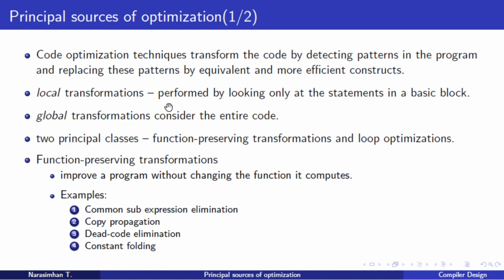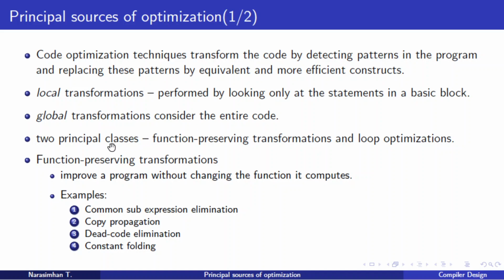Local transformations are performed by looking only at the statements in a basic block. That is, the optimizations are performed locally within the block, whereas the global transformations consider the entire code for doing the optimization. Generally, global transformations are performed only after the local transformations.